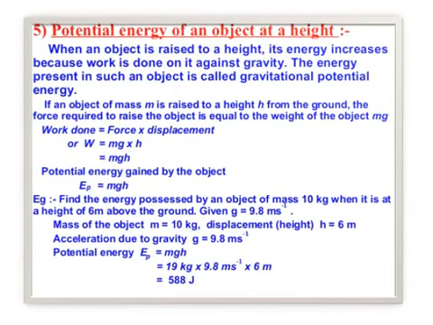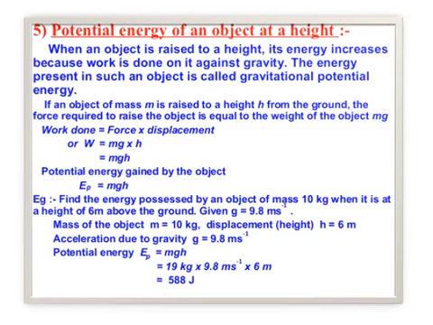This slide gives you more information about gravitational potential energy and its calculation. When an object is raised to a height, its energy increases because work is done on it against gravity.